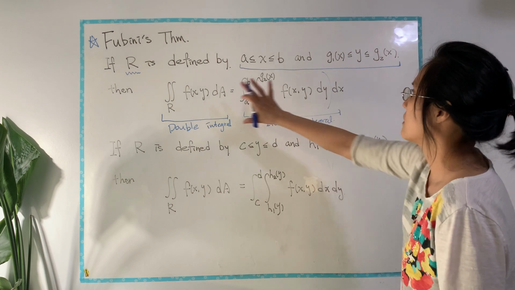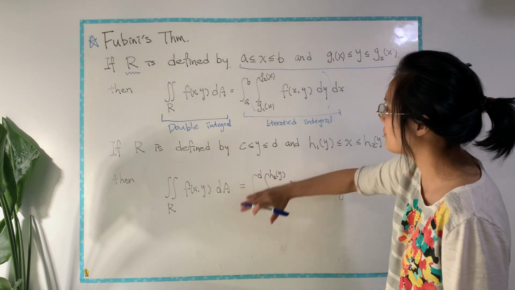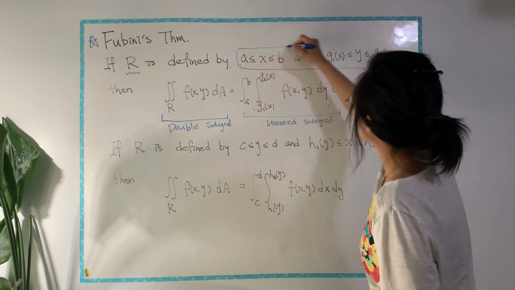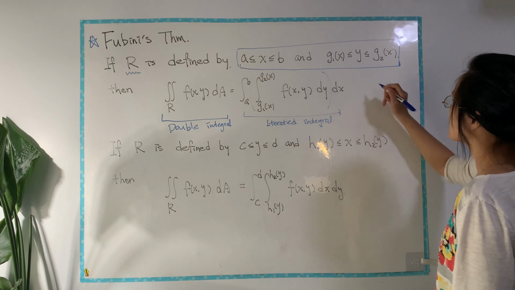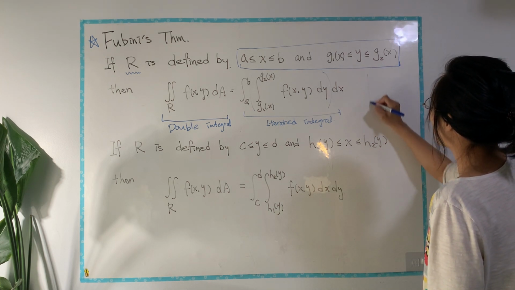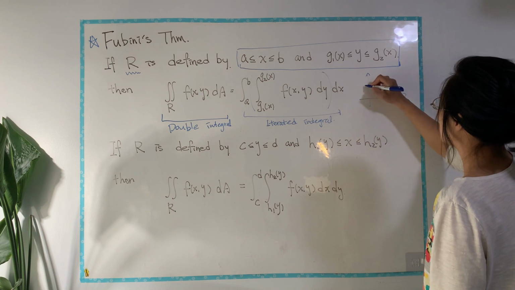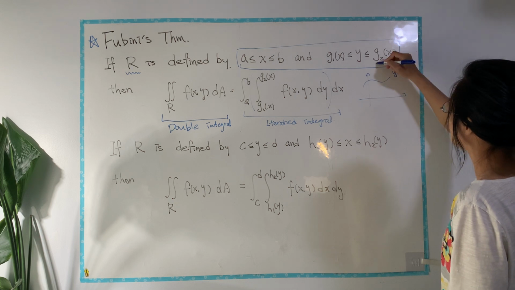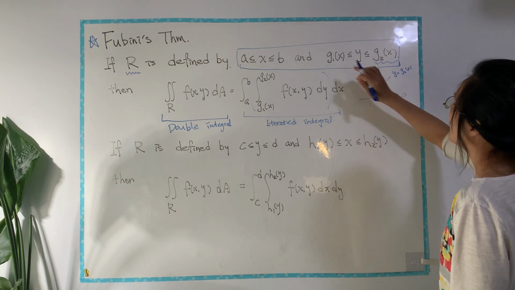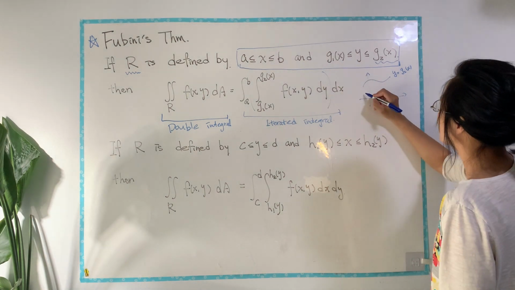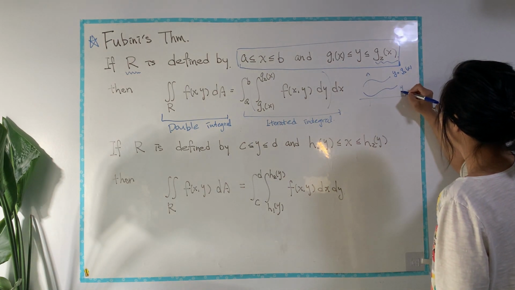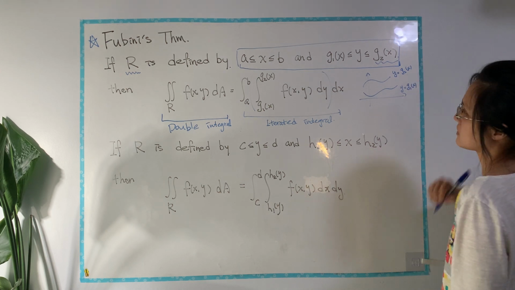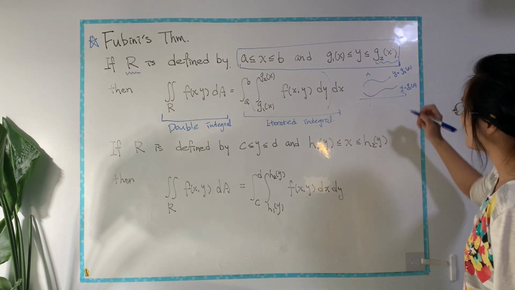All right, so ignore the bottom half, and look at the upper half. What do these inequalities mean really? For the y direction, you have one graph that's given by y equal to g2 of x, and that's the upper limit. Then you have a lower limit that goes like this, described by y equal to g1 of x.